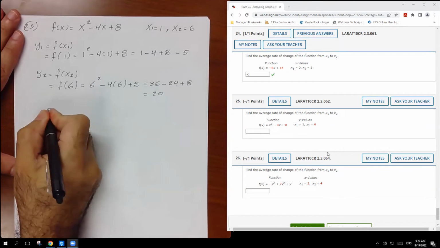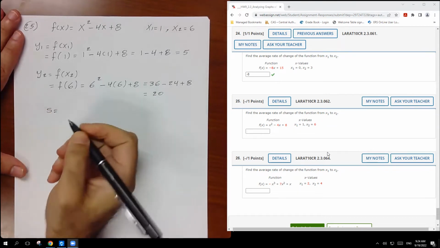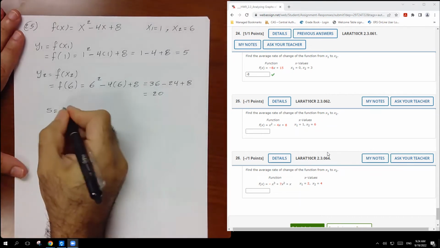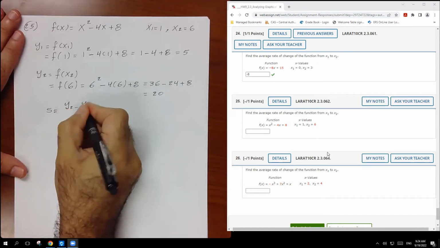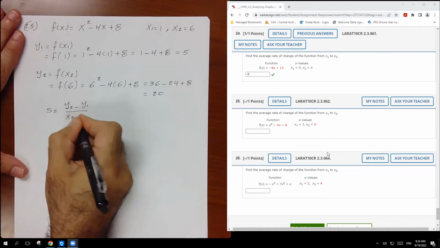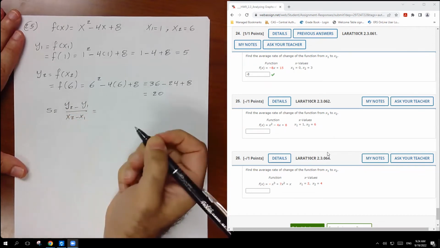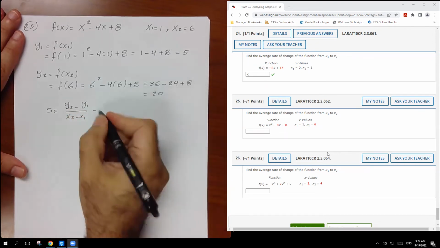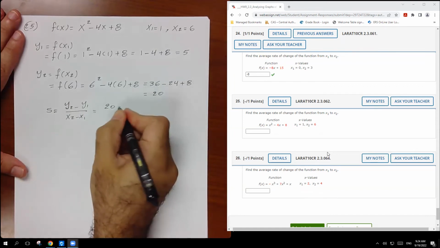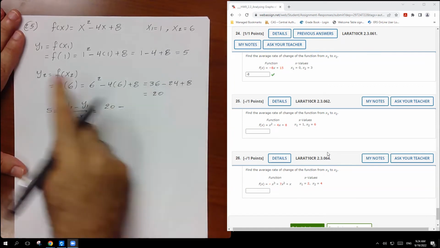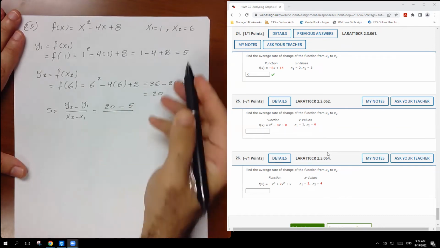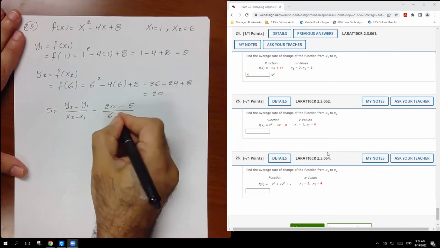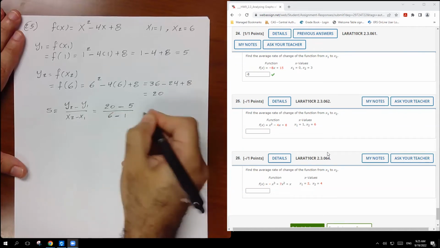Now the average rate of change is the same thing as the slope, which is y2 minus y1 over x2 minus x1. Y2 is 20 minus y1, which is 5, over x2, which is 6, minus x1, which is 1.